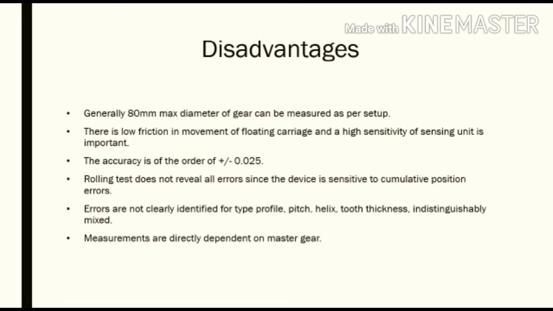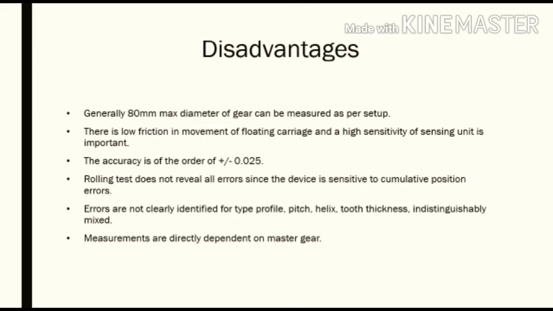So 80 mm is the maximum we could get. After that, low friction in movement of the floating carriage and a high sensitivity of the sensing unit are important, which is not there. The accuracy is of the order of plus or minus 0.25.